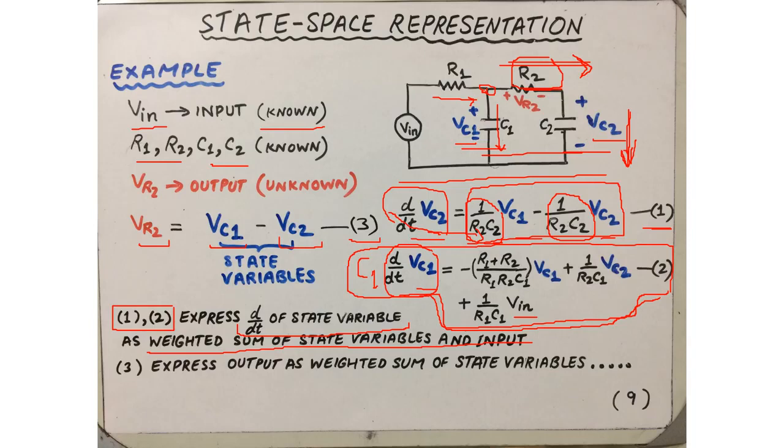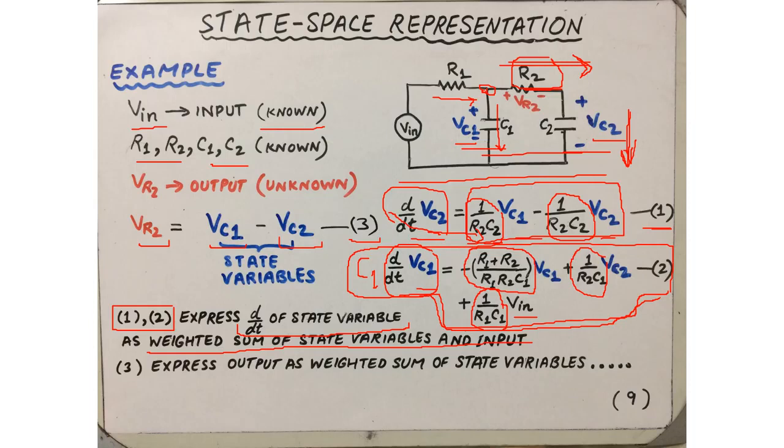In equation 2, the weight of the state variable Vc1 is minus (R1 plus R2) divided by R1 R2 C1. And the weight of state variable Vc2 is 1 over R2 times C1. And the weight of the input is 1 over R1 C1. Which reminds me that in equation 1, the weight of Vin is 0.